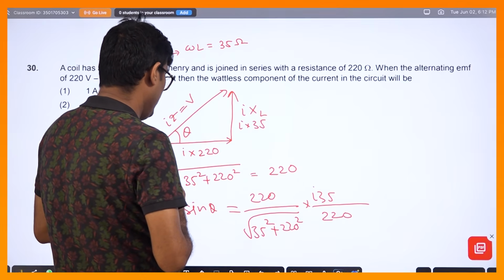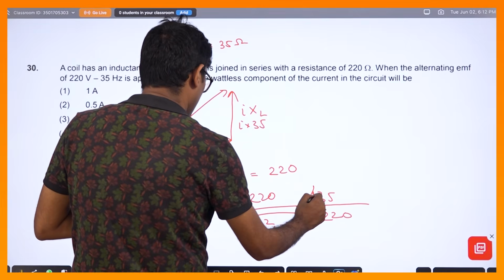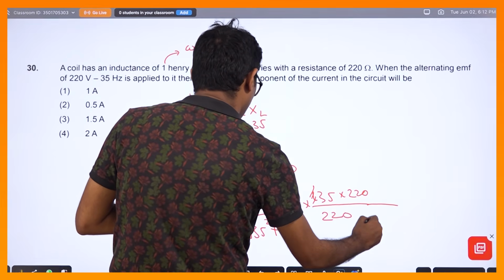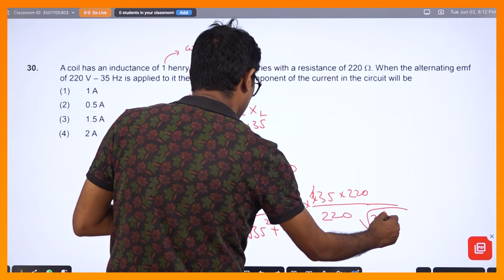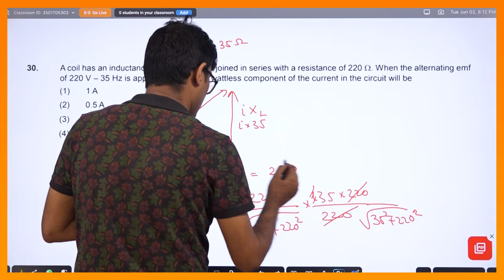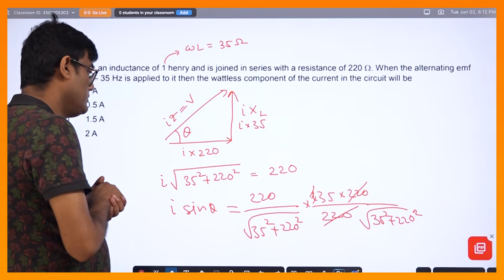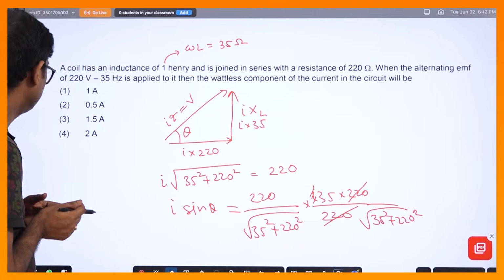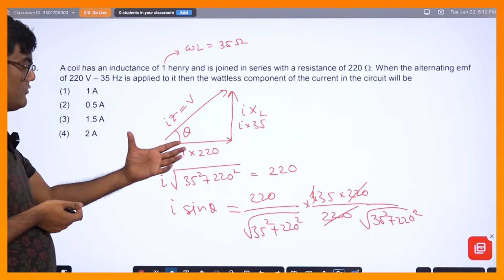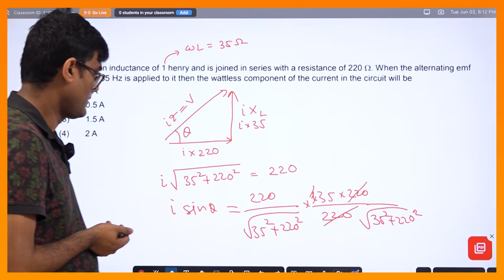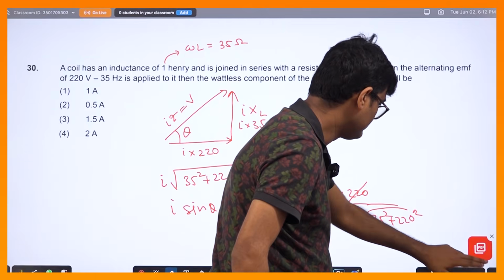So I is again 220 by root over 35 square plus 220 square. So it is 220 into 35 by 220 square plus 35 square. You have to calculate this, right? It's a calculation intensive question. 220 into 35 by 35 square plus 220 square. You can calculate this.